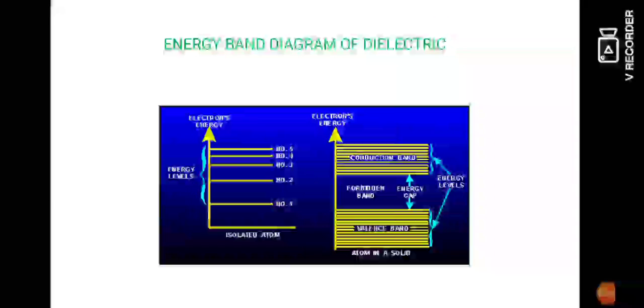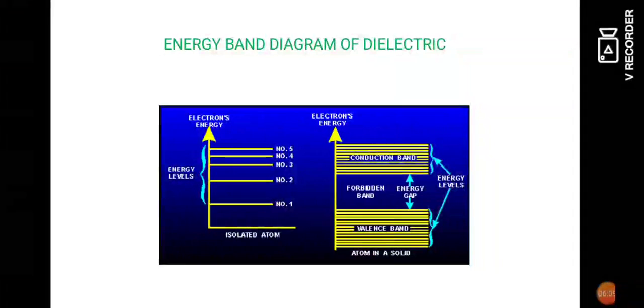This picture clearly shows the intrinsic breakdown. We know that there are two important bands. The first is the valence band, the bottom band, and the upper band is the conduction band. The gap between these two bands is called the forbidden band or energy gap.